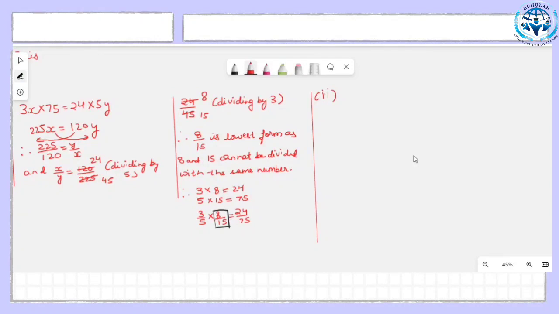Now the simplest form of 8 by 15 is 8 by 15 as it cannot be simplified further.